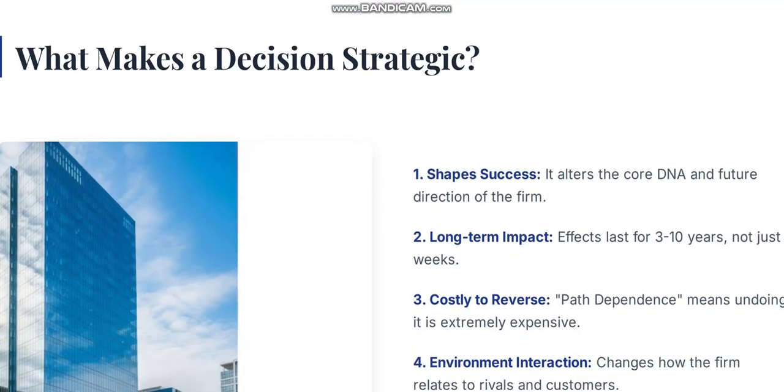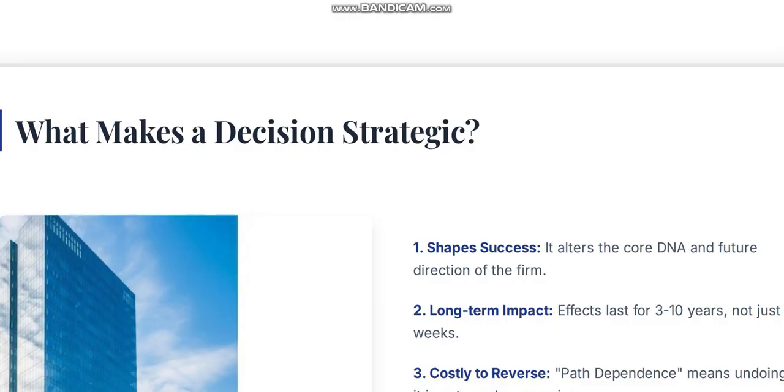You have to understand. So then we have what makes a decision strategic. Here we see it shapes the success. Your success should, of course, be clearly identified, and it alters the core DNA and the future direction of the firm. Your direction of the firm should be identified and pre-examined. Of course, that leads to an understanding that your business is really improved and developed, and that has shaped your success.